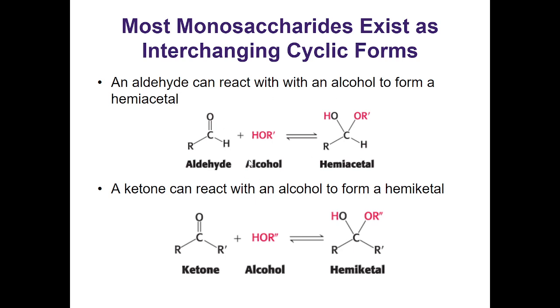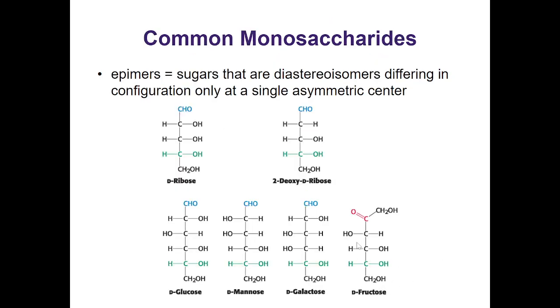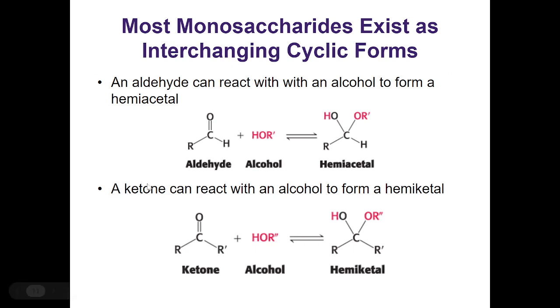All right, so what do you notice about these? These have many what types of groups? Alcohols, many alcohols, right? Okay. And so these very easily undergo these hemiacetal closures. Again, this is the hemiacetal right here. It's going to be the sugar's aldehyde in this case, reacting with the alcohol portion on the other side, making a hemiacetal.